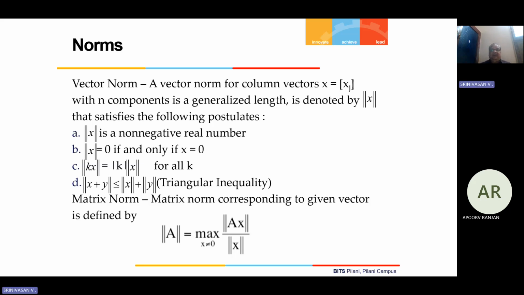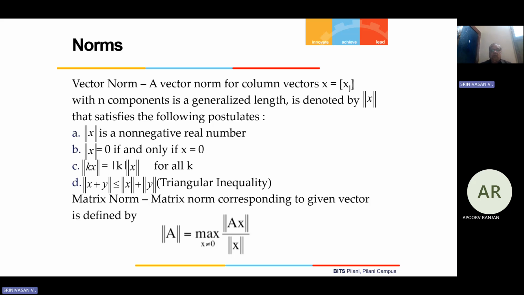Norm kx, where k is a scalar, equals modulus of the scalar into norm x, for all k. Norm of x plus y is less than or equal to norm x plus norm y. This is the triangular inequality. This much you might have heard about. It is a very famous inequality in norm, known as the triangular inequality. Well, this is true for absolute value also: modulus of x plus y is less than or equal to mod x plus mod y.